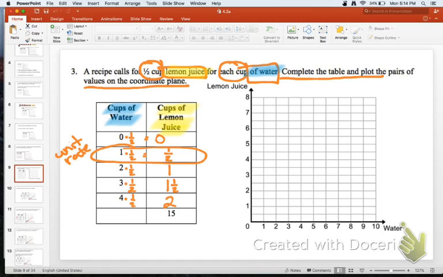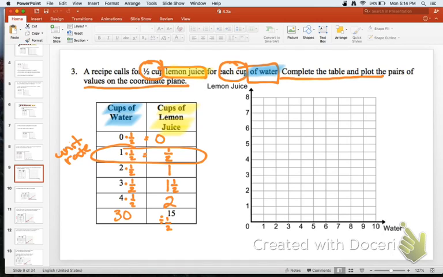Well, that's division. So I'm going to divide 15 by 1/2. Type that into your calculators and see what you get. When I type that into my calculator, I get out 30.